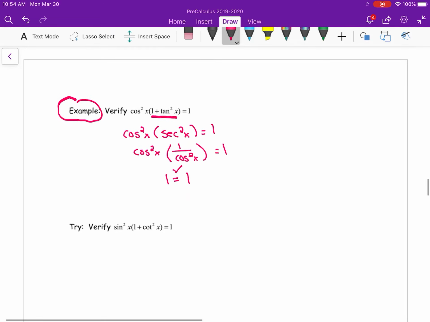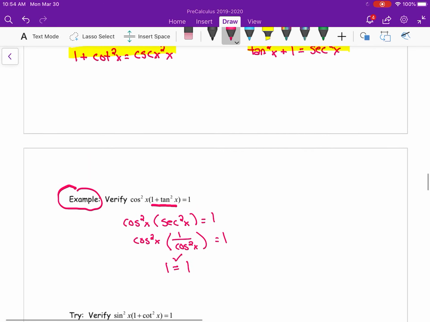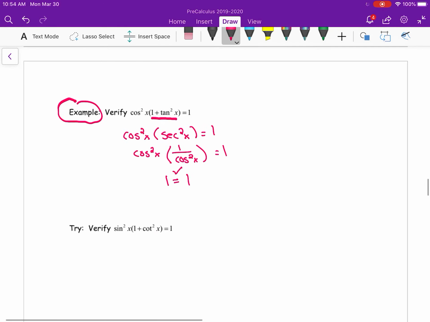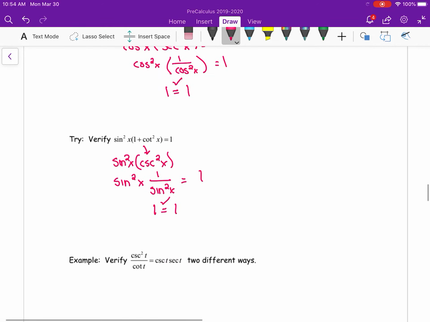So we're just looking for things like that. Same thing in the second example. 1 plus cotangent squared is cosecant squared x, and we've got sine squared x. And we know that cosecant is 1 over sine squared, and that is just 1 equals 1 as well. All right, so not too terribly bad.